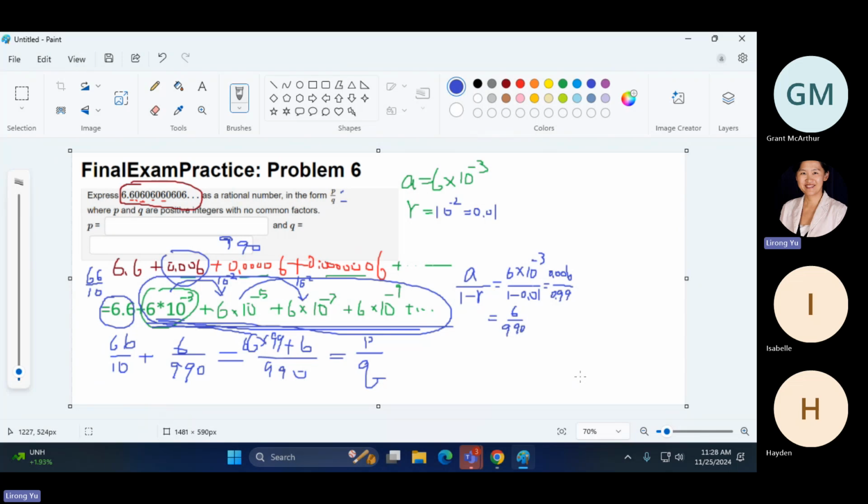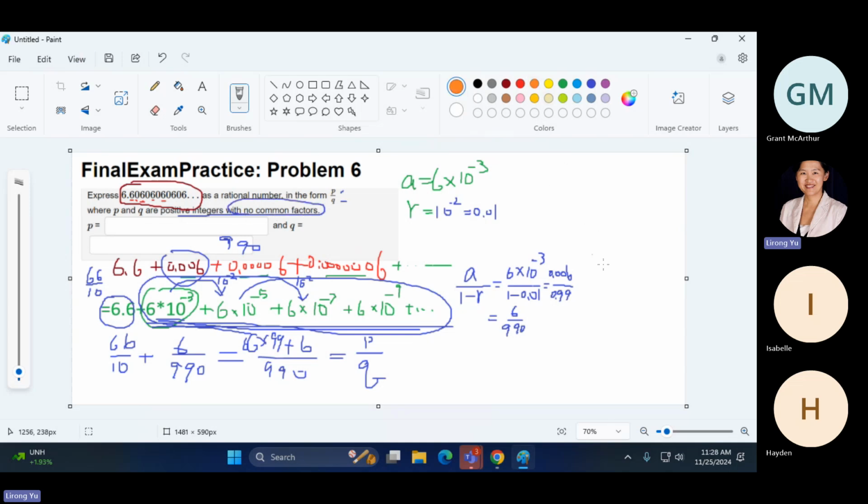Let's see, I have a calculation error. I think it's because I didn't simplify the common factor. It says we want P and Q to be positive integers with no common factor.